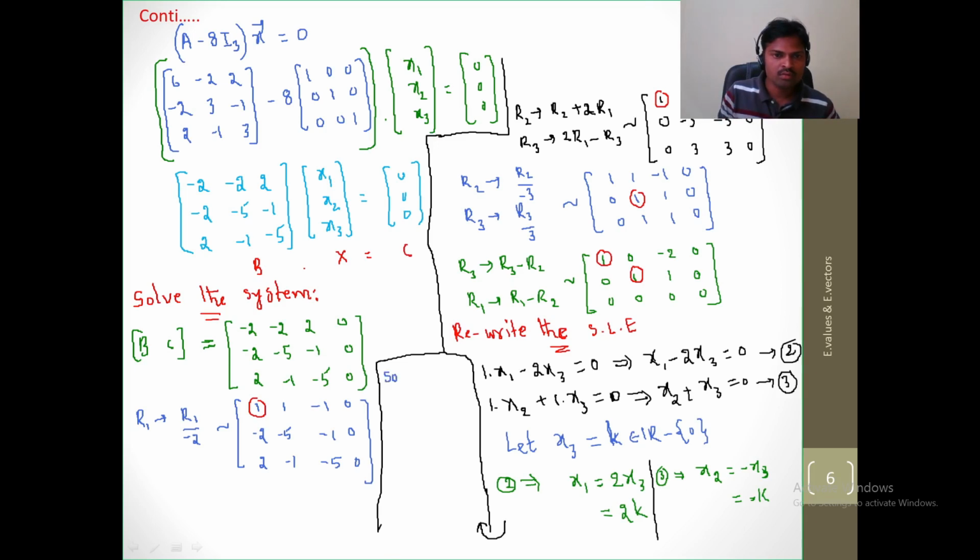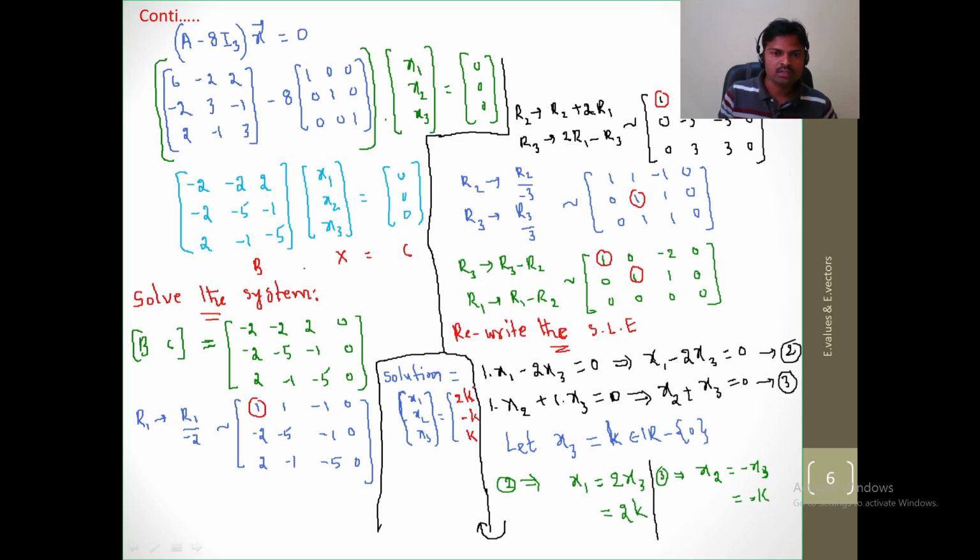Now the solution is x1, x2, x3. X1 is 2k, x2 is minus k, and x3 is k.